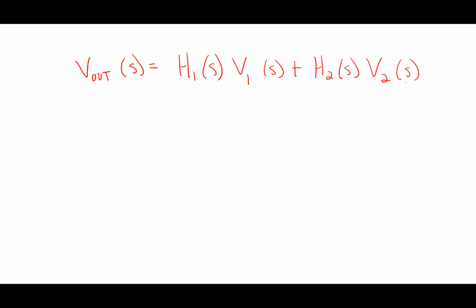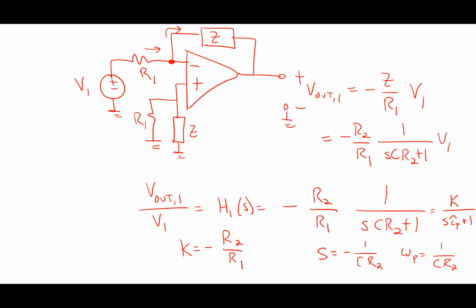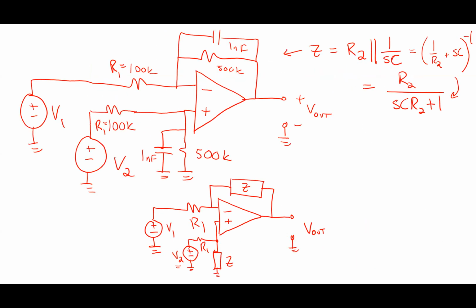If you try to do this by superposition, you'd have to do nodal analysis at two nodes, where you'd say this is V plus and this is V plus.